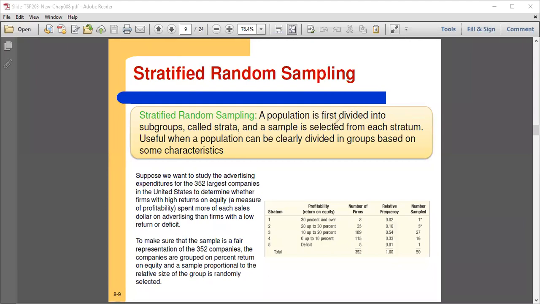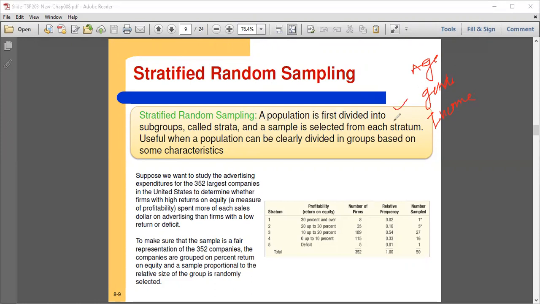So in this method, we are going to segregate the population into different groups, or you can say subgroups, where we can do that on the basis of age, gender, or it can be income level, whatever the requirement of the sample.